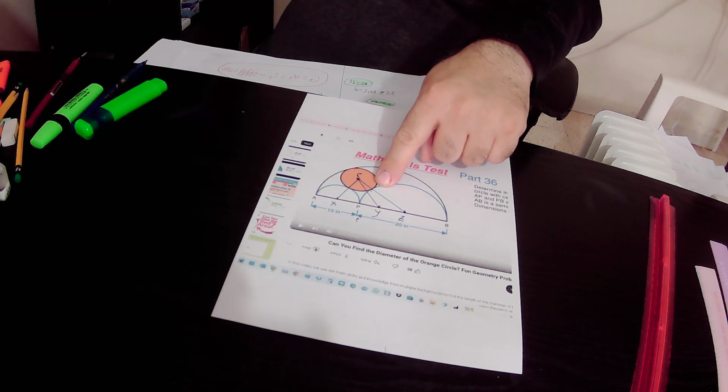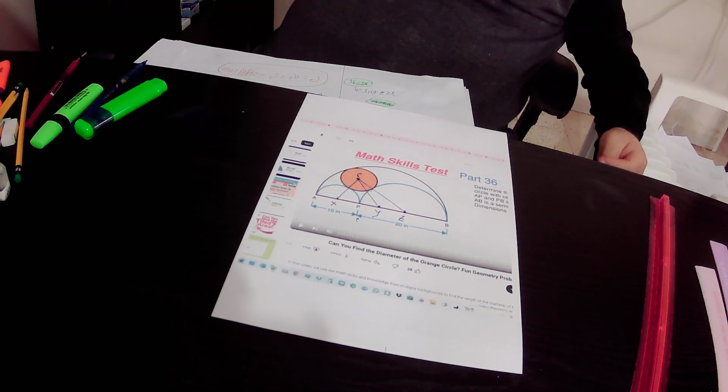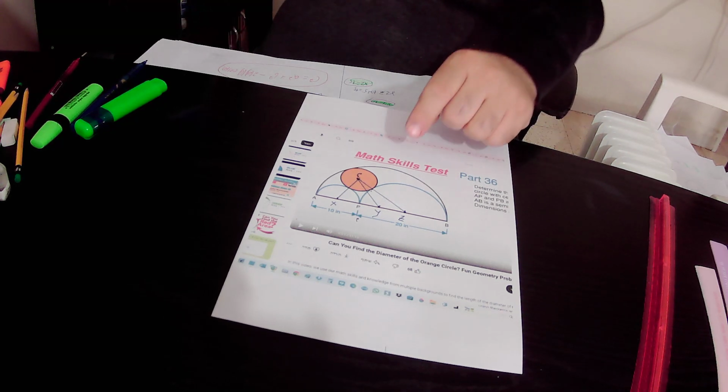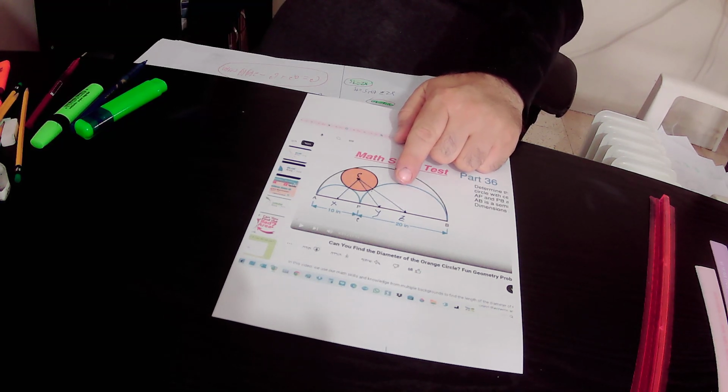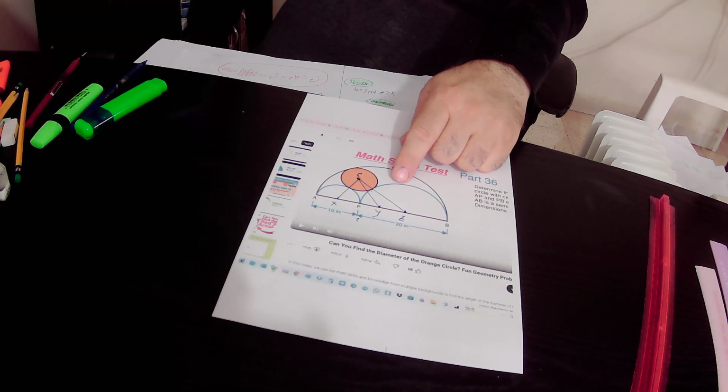That is to say, they are touching each other externally at this point. This is the point of tendency. And whenever you have two circles that are touching each other externally, then the distance between their centers will be equal to the sum of the lengths of their radii. In this case, it will be equal to the radius of this semicircle, that is 10 units, plus the radius of this orange circle, that is r. So in conclusion, we found out that Cz equals to 10 plus r.